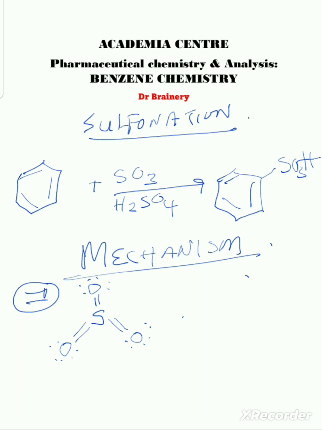Okay, like that. Then we are going to get sulfuric acid. Sulfuric acid, we can write it like this. Okay, that is sulfuric acid. Then we want to generate an electrophile. For us to generate an electrophile here, this is what we are going to do.